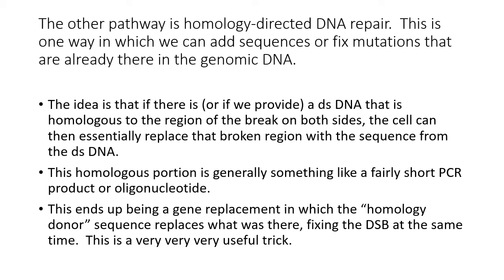So if we have a DNA oligo or PCR product that is homologous to the break on both sides, the cell can use that to replace whatever region is broken. And this can actually be a fairly extensive piece and can lead to gene replacement, in which we can fix the double-stranded break along with fixing any mutations that we don't like at that particular location, among other possibilities.